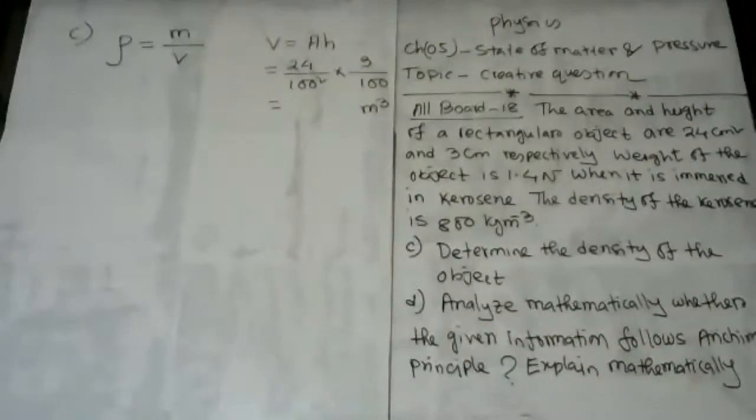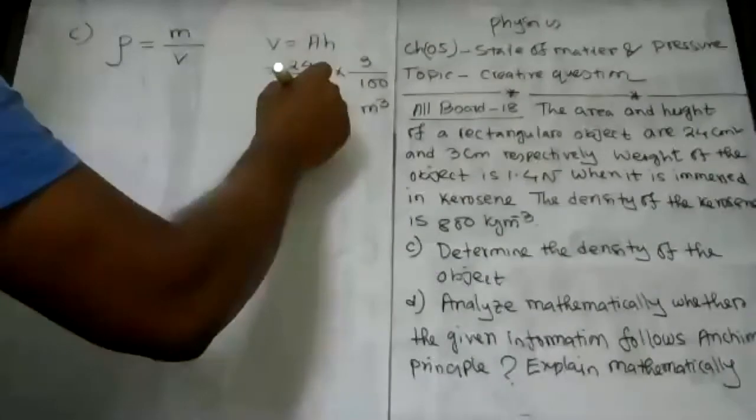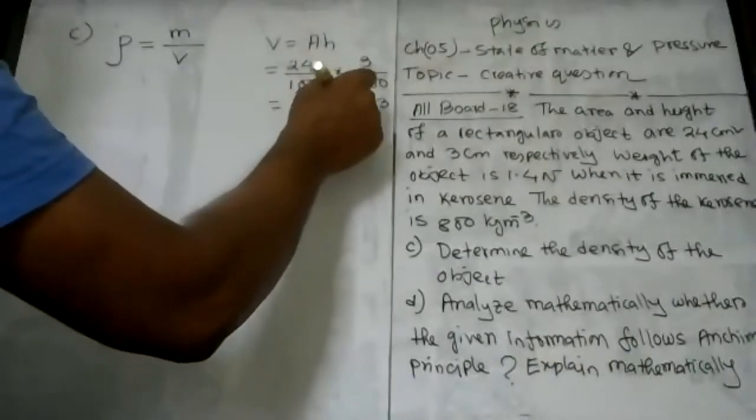Yes, volume becomes 1.2 into 10 to the power minus 4.